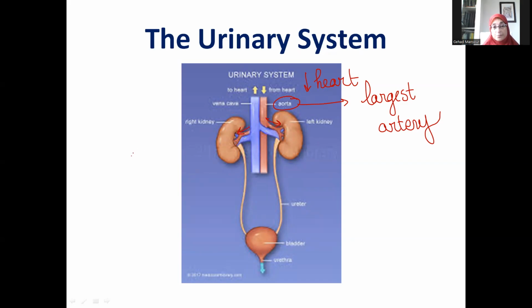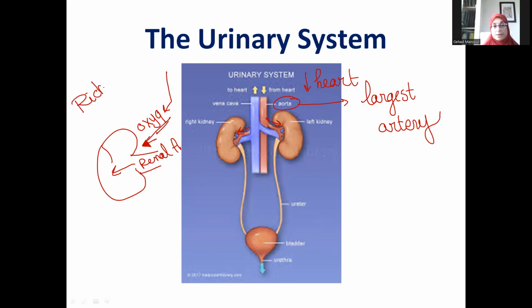So the blood supply of the right kidney is, number 1, the renal artery, which carries oxygenated blood from the aorta and the heart to the kidney. And by oxygenated blood, we mean that it is blood rich in oxygen, poor in carbon dioxide.